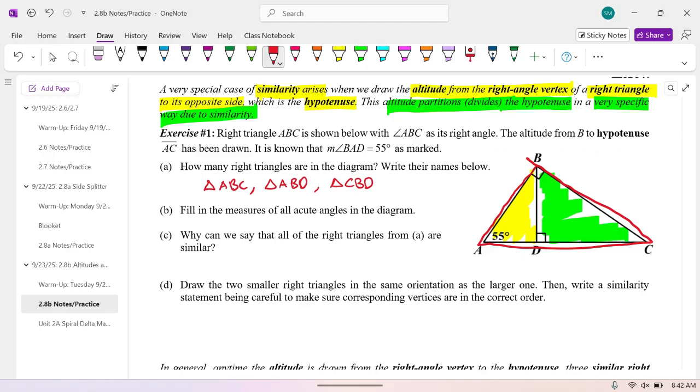If this is 90 and this is 55 degrees, what does this angle have to be? It should be 35. What angle did I just find corresponding on that picture? Angle C. So from that picture, this angle would be 35 degrees.